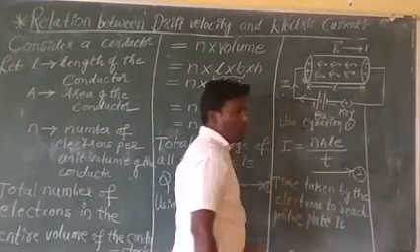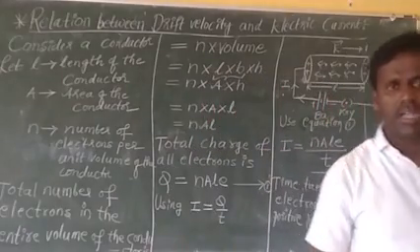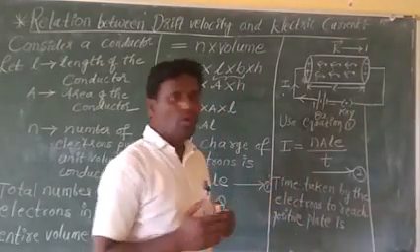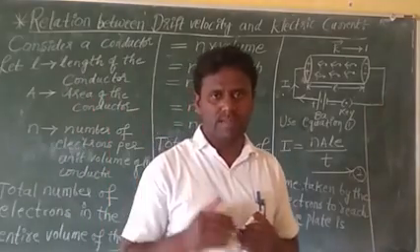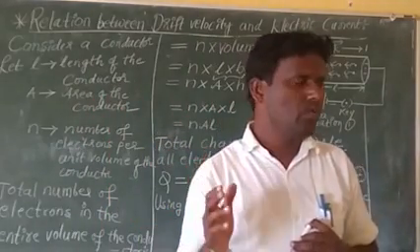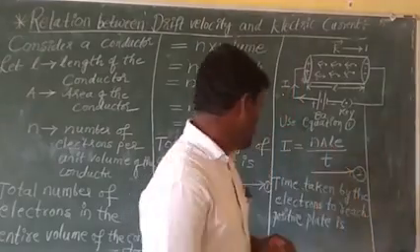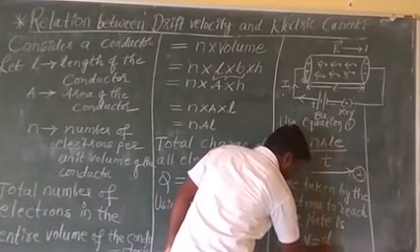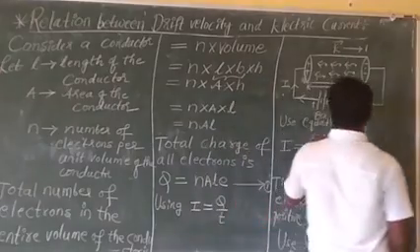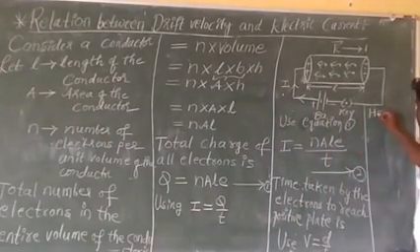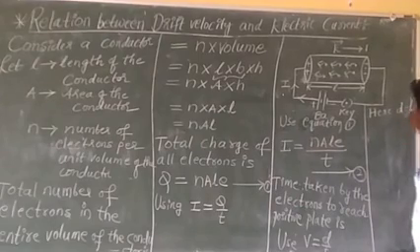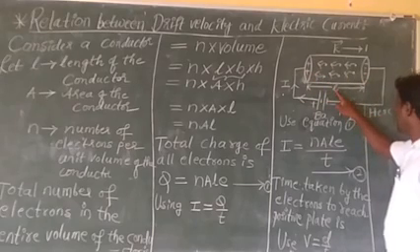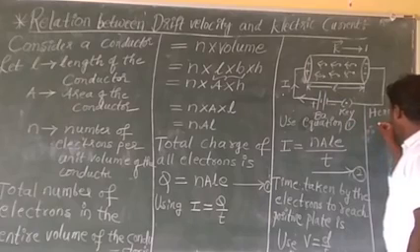To find the expression for this time, I take the relation of velocity. In first year you learned velocity V equals distance by time. Here the distance is L, from the negative plate to the positive plate.